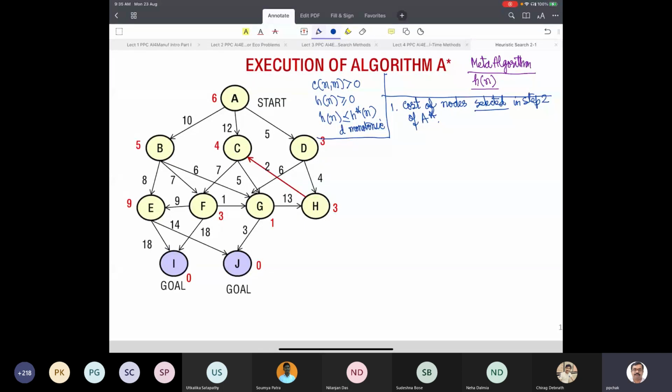So first node A was selected, then node B was selected, then node D was selected, then node G was selected, then node H was selected, then node J was selected. What is the property that you observed? At least that much cost f of n must be paid to reach the goal.